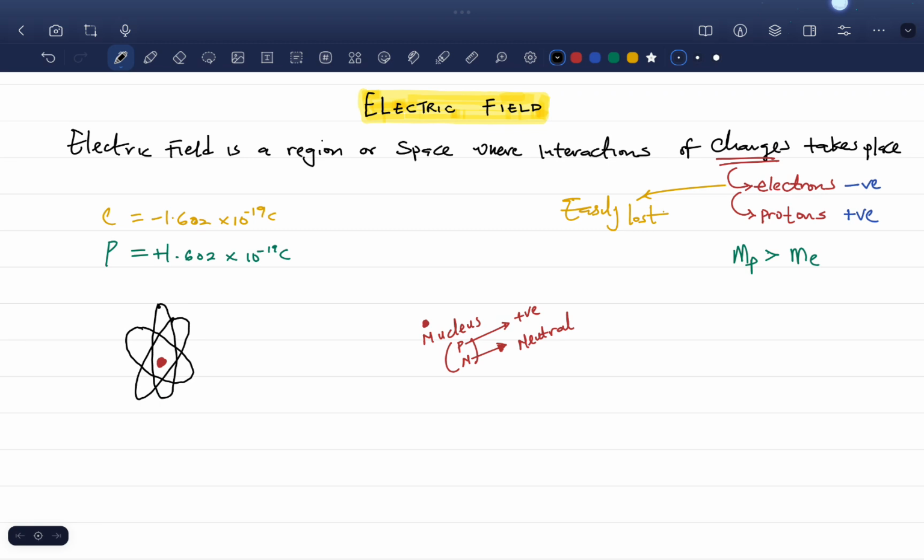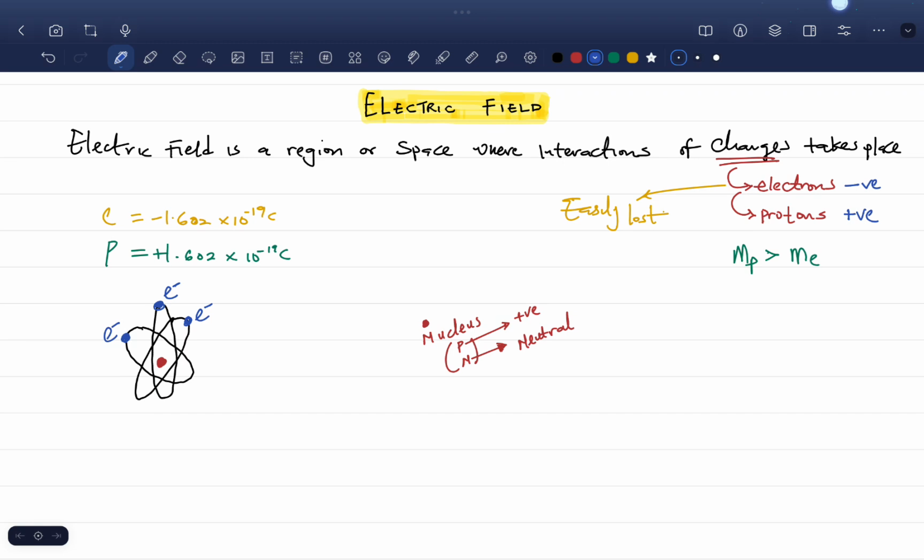Now the electrons tend to revolve around the nucleus. So the path along which they move is then referred to as the orbit in which they go around the nucleus.